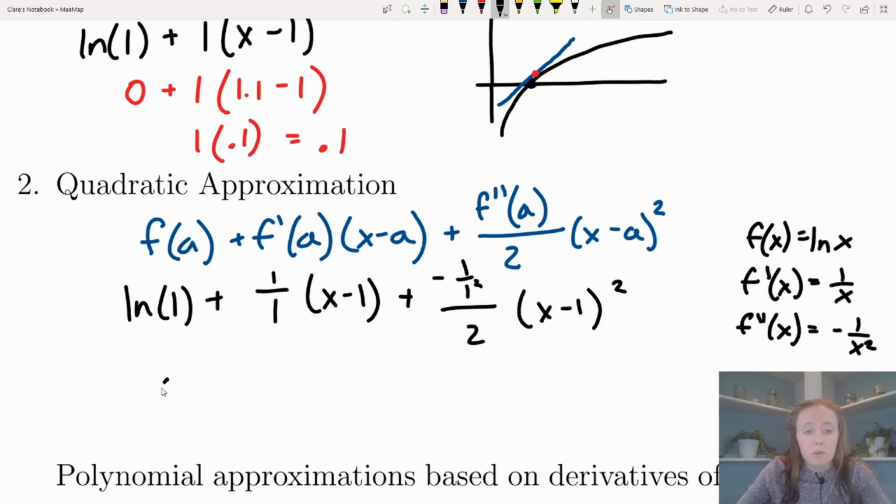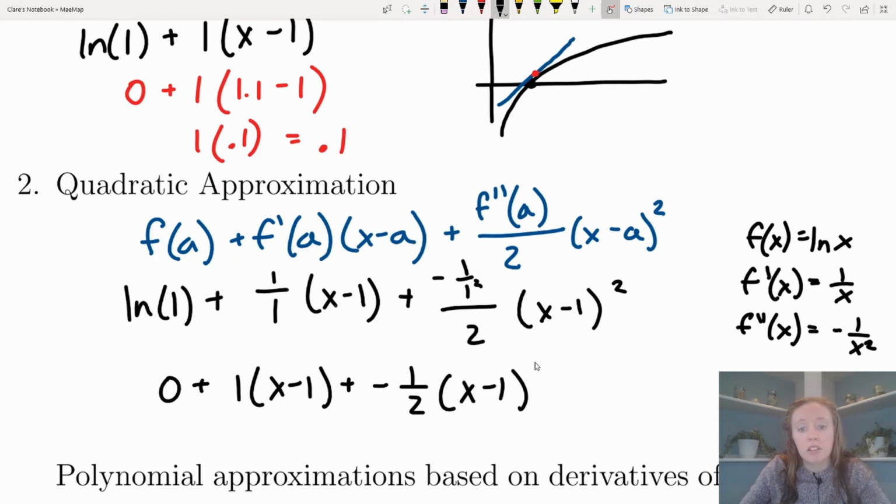So we'll get the ln of 1, which is 0, plus 1 times x minus 1, plus this comes out to be a negative 1/2 times x minus 1 squared. And the x we're plugging in is that x value we're trying to approximate, and that's going to be 1.1. So we'll have 1 times 1.1 minus 1 plus negative 1/2 times 1.1 minus 1 squared.